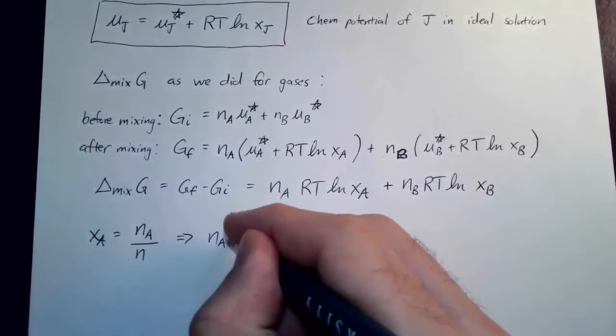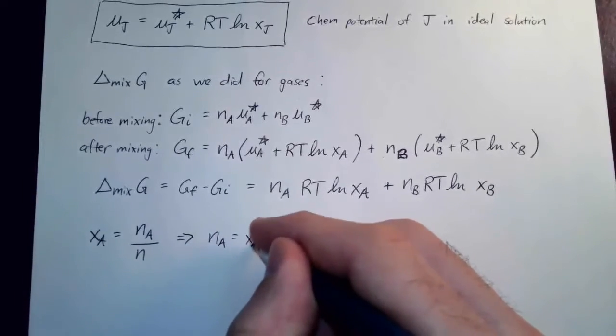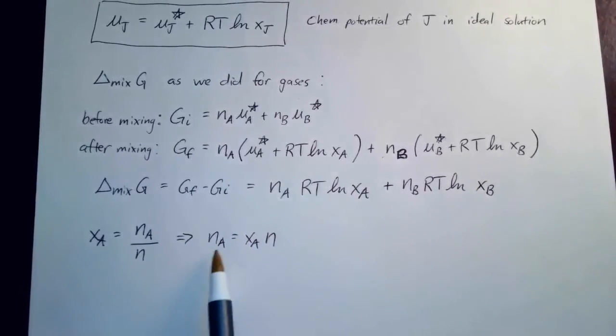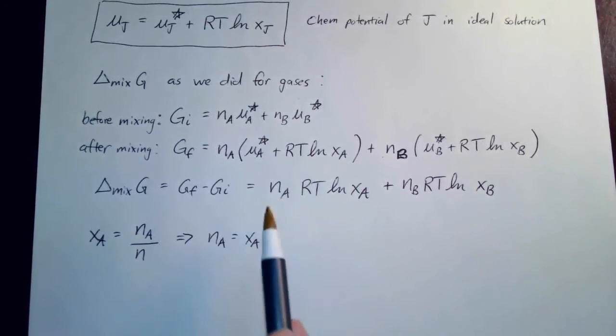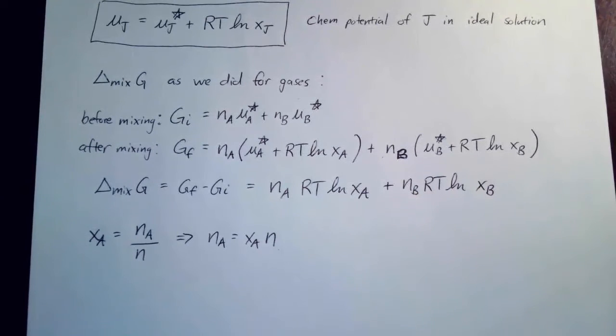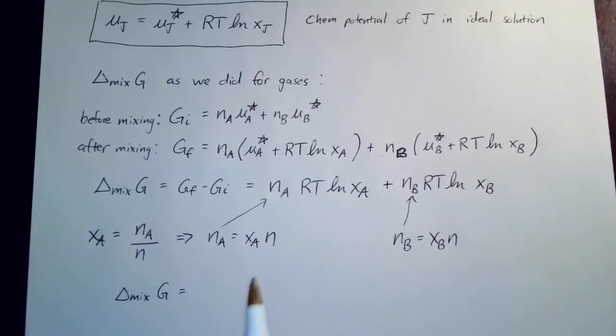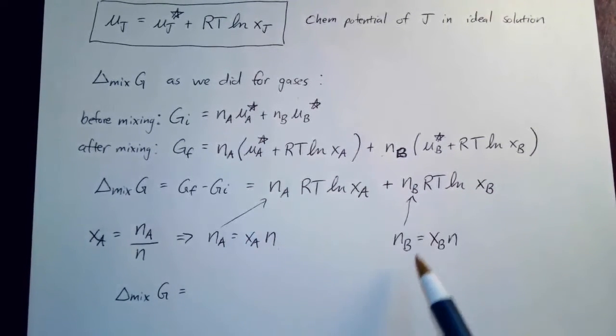So this means that nA is XA n. The number of moles of A is the total number of moles times the fraction of those that are A. So I'm going to use this in here, and then I'm going to use the same one for nB over here. All right, so I'm substituting this here and this here.